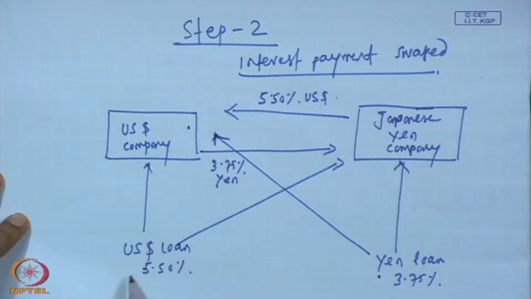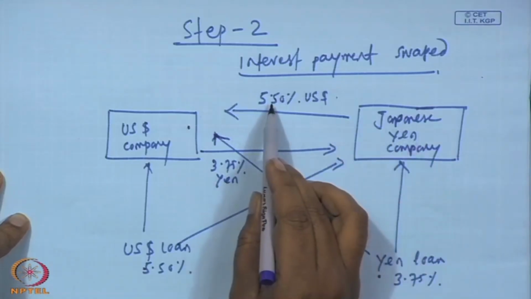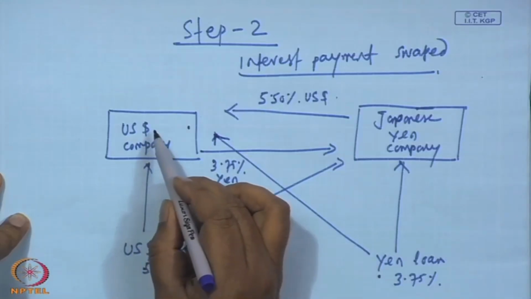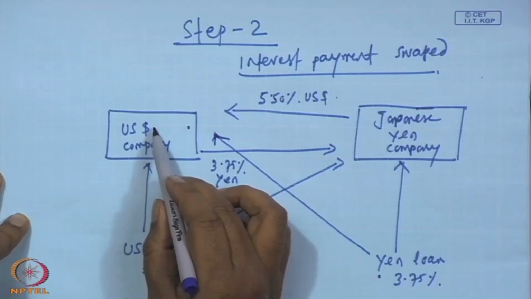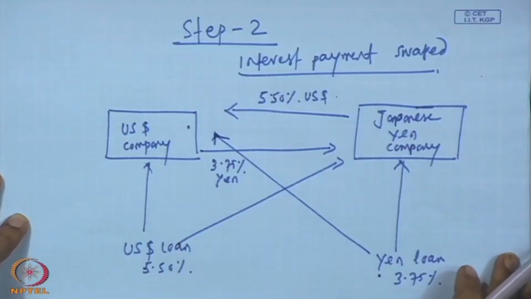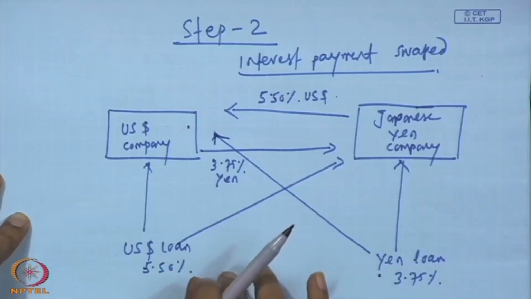So, since the US dollar has moved to the Japanese company, it will pay the US dollar denominated interest rate, that is 5.5%. Yen has been transferred to the US company, which will pay 3.75% of yen denominated interest to the Japanese company. This interest payment will be a periodic transaction till the swap period is over.